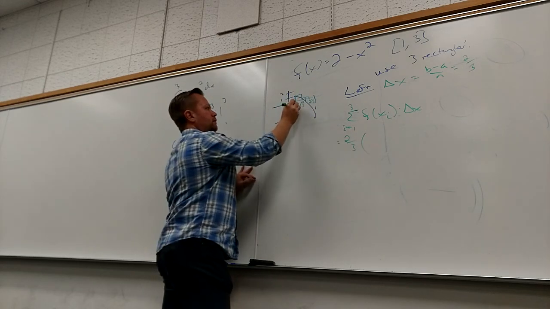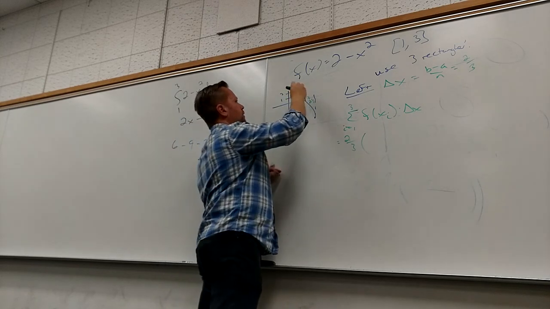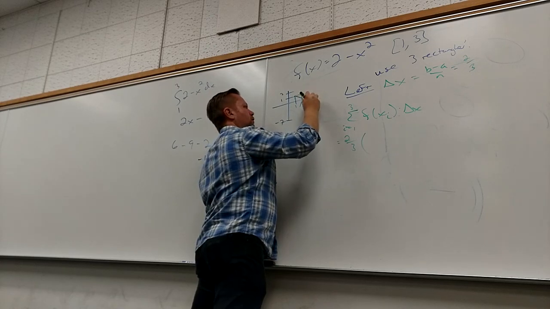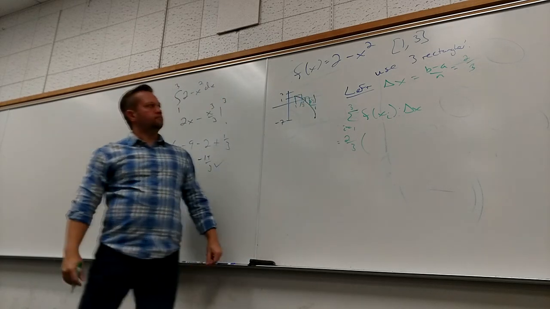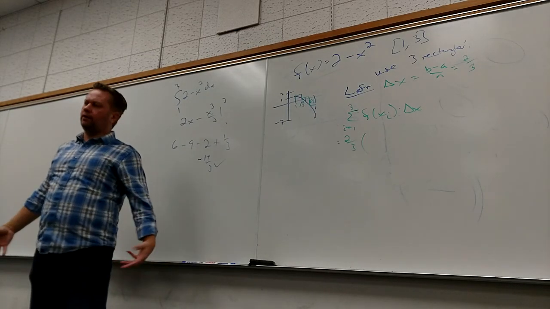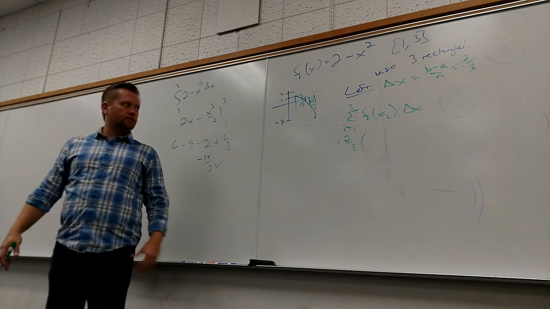All right, so this is 1 2/3, 2 and 1/3. Am I doing this correctly? Yes, I am. And then this is this guy. This is a little funky because it's got some negative area. It's kind of hard to tell if it's going to be an over or underestimate. But let's see what happens.